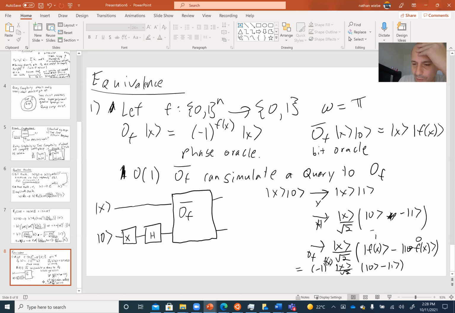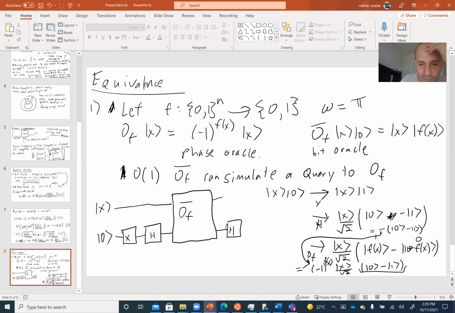And this is equal to minus (|0⟩ - |1⟩). And so I just take this minus sign here and put it out in front. And we can see that these two equations match. So then this will give us (-1)^f(x) tensored with this stuff back here that we don't want. Well, we can fix that just by applying a Hadamard gate.